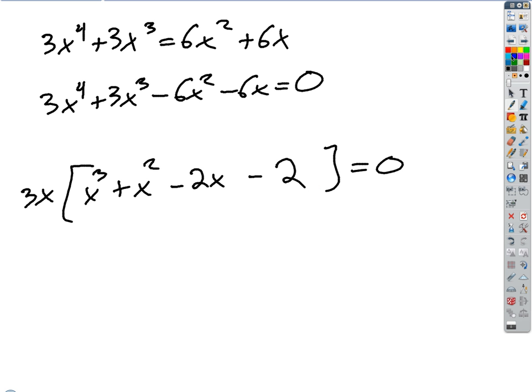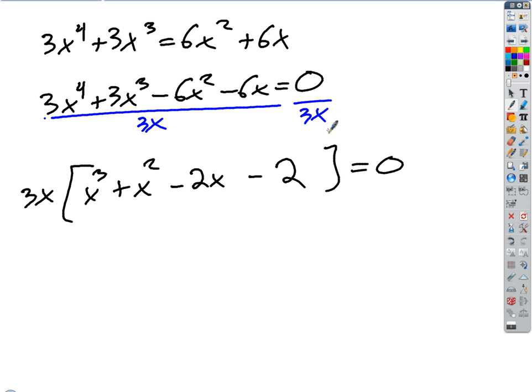Because I have an equation here, I'm able to always divide both sides of an equation by a number. But I can't divide both sides of an equation by a variable. People are sometimes tempted to say, let's divide both sides by 3x.